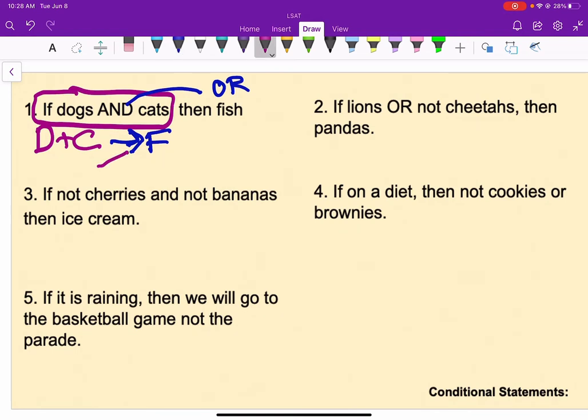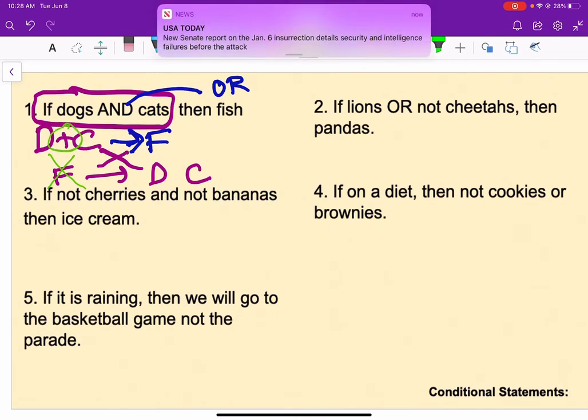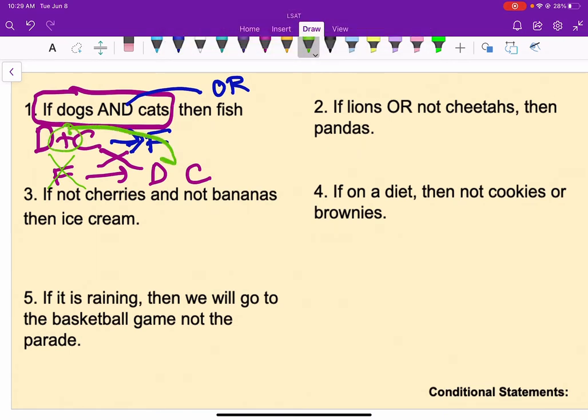So I have to remember to flip it. I'm going to put fish over on the left side, and I'm going to put dog and cat on the right side. But whenever I go to reverse it, I negate my fish, but instead of "and," my "and" becomes an "or."